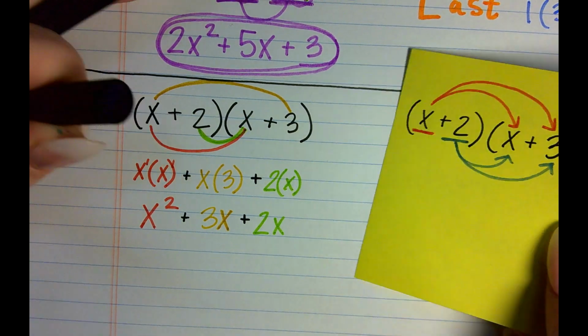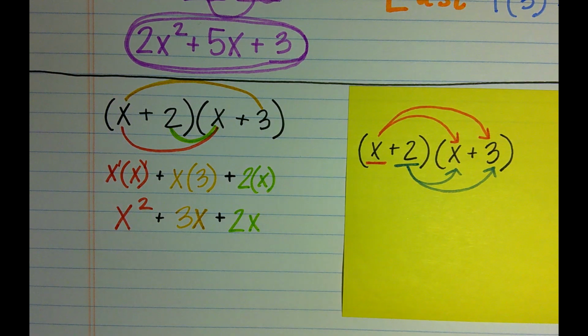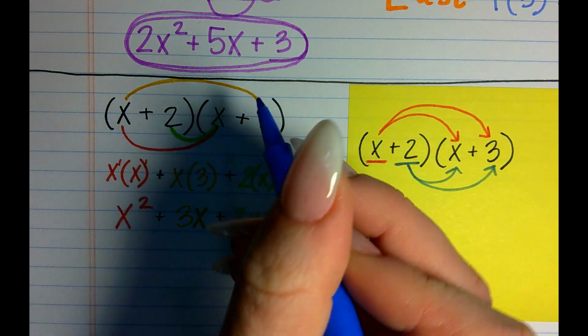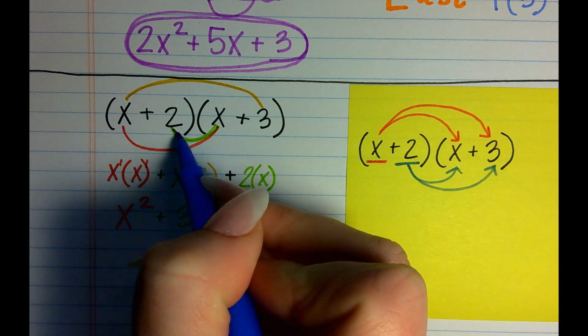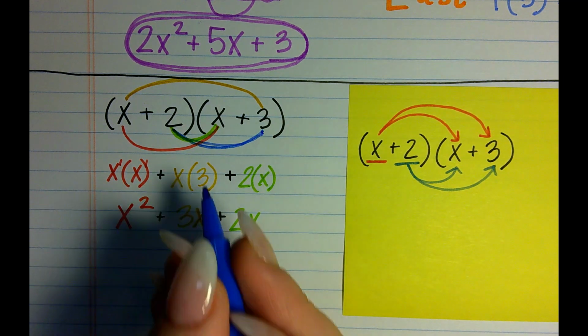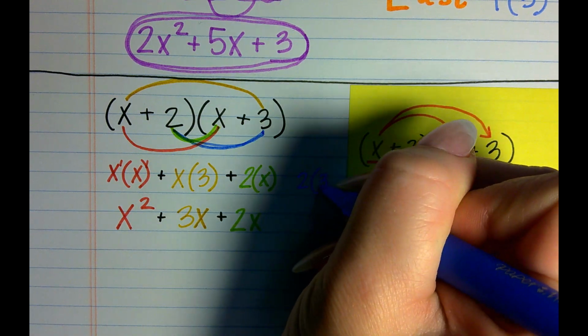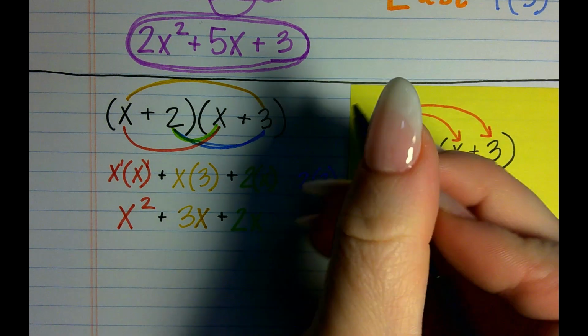And last but not least, our last terms, which is which 2 items? X and 3. 2 and 3. Oh, the last one's on top. Yes, the last one's on the end. You're right. Okay. So 2 and 3. So I'm doing 2 times 3. Which is what? 6.